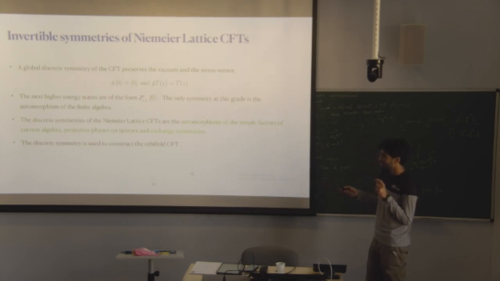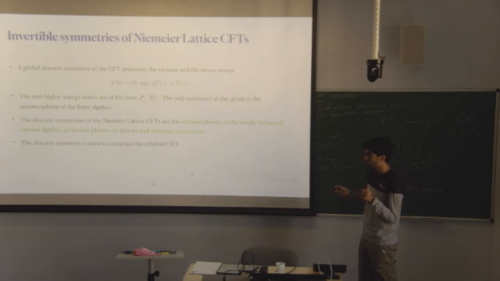So now this A index takes values in the finite part of the Lie group. Then you have this index to play around, which means that the symmetries are the automorphisms of the finite Lie algebra. And the automorphisms are of the finite Lie algebra together with the exchange symmetries that you have, for example, if you have D12 squared factors, then you can take the exchange between these two factors of the CFT, then you can get another automorphism that is an outer automorphism of your algebra.